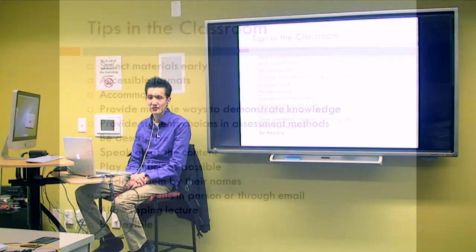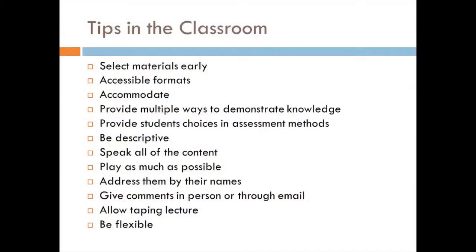And another tip is to be as descriptive as possible. Try to avoid words like "here and there" or "this and that." Instead of using those words, you could say something like "from bar 1 through bar 5," or "this C major chord," or "this C going up to E, going down to G," or whatever.